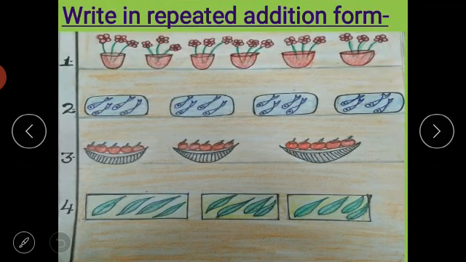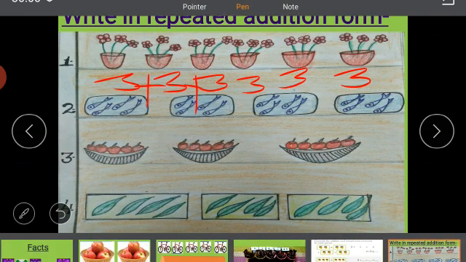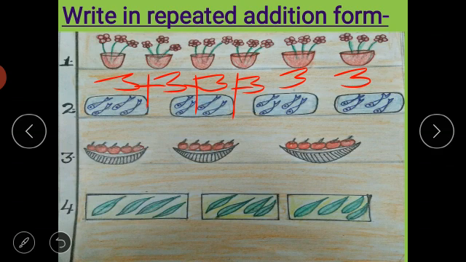So there are 3 flowers in one vase. The second 3, third 3, fourth 3, fifth 3, and sixth also 3. So, I told you, addition form. 3 plus 3 plus 3 plus 3 plus 3 plus 3.